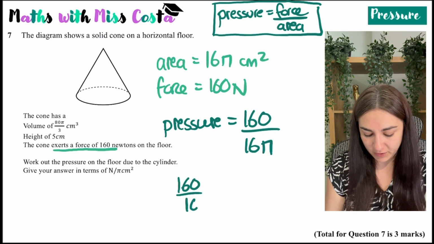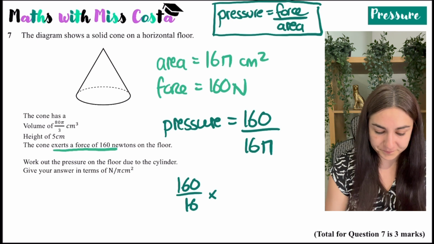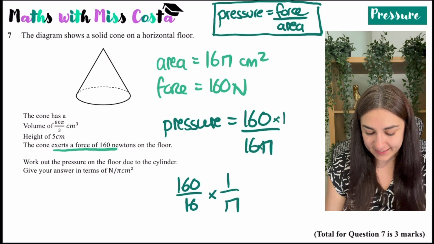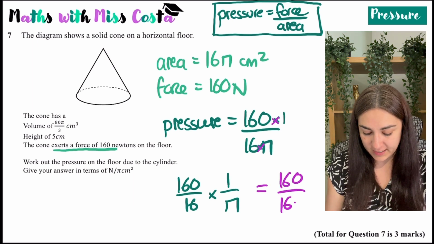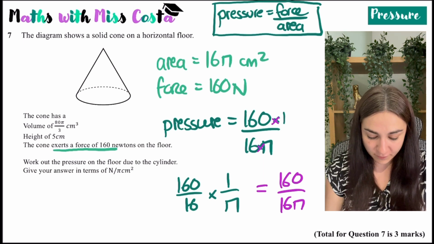So the numerical part and the pi part. You can split the fractions up as long as they're being multiplied, because multiplying fractions would turn back into this.